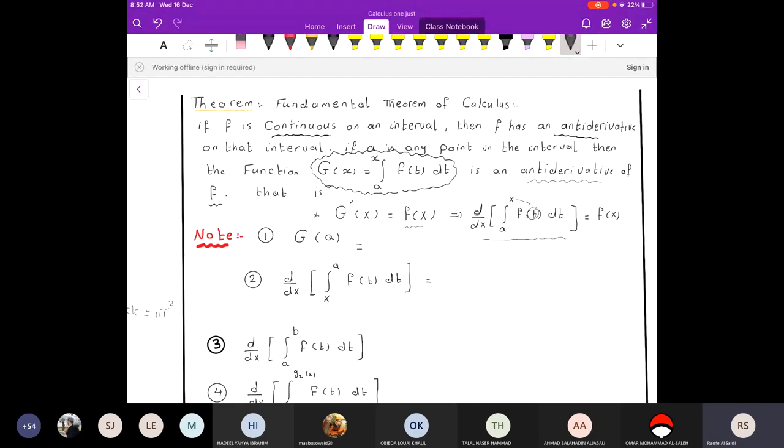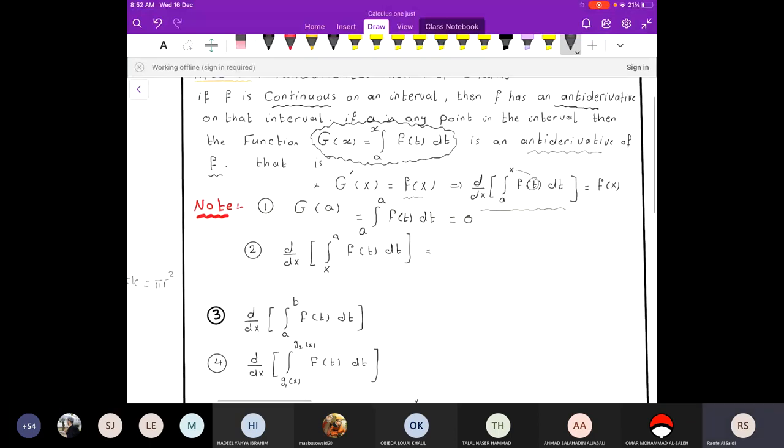By definition the integral from a to a of f of t dt equals 0. Now what is d by dx for the integral from x to a? The rule I memorized is minus d by dx, excellent, minus f of x. Why?